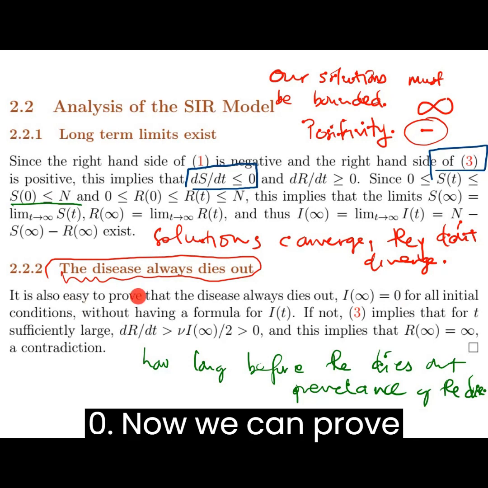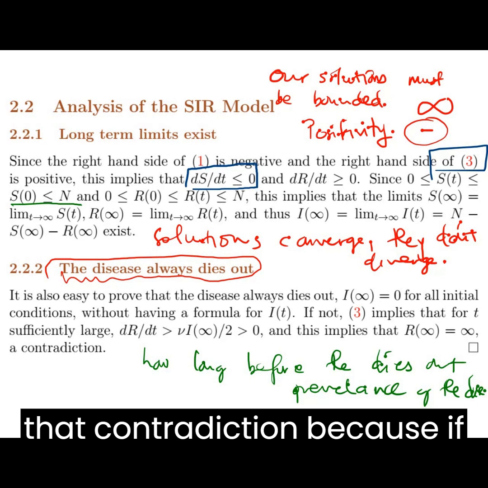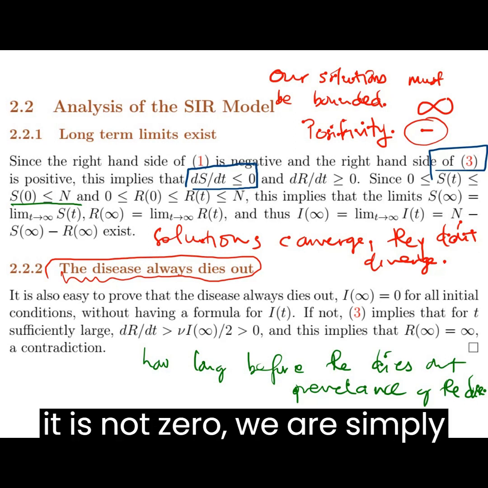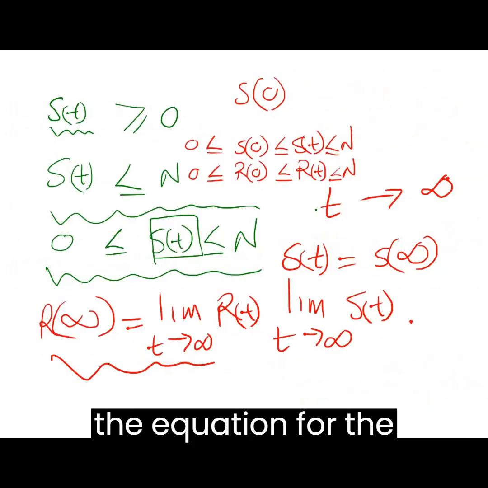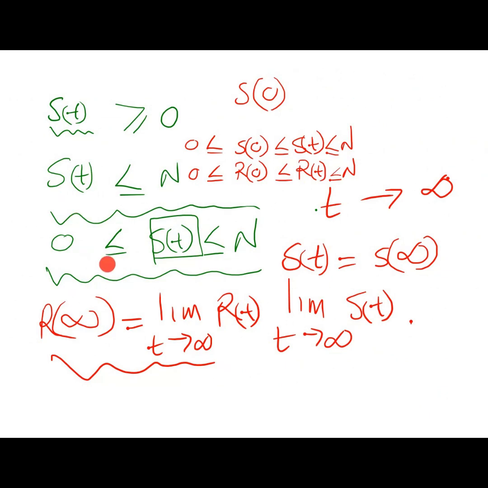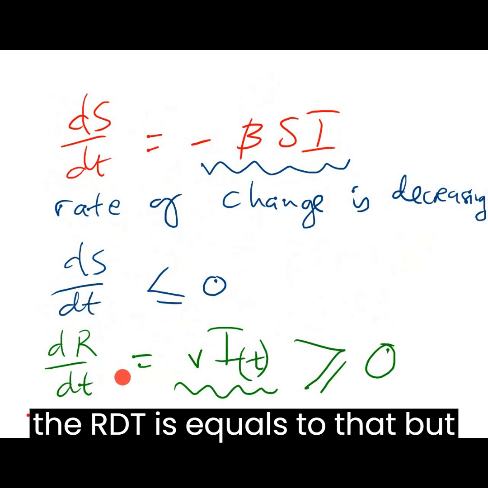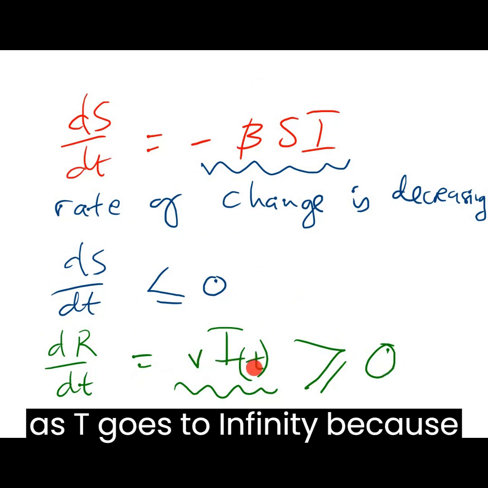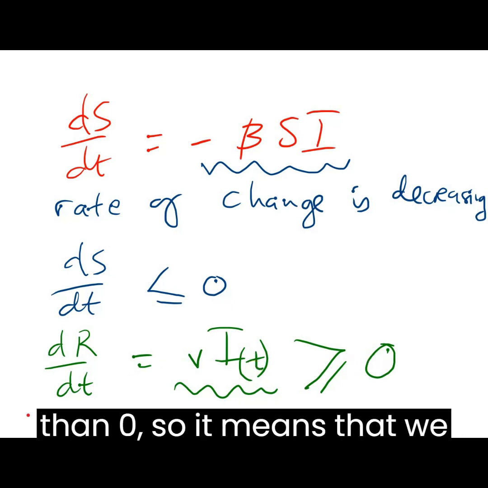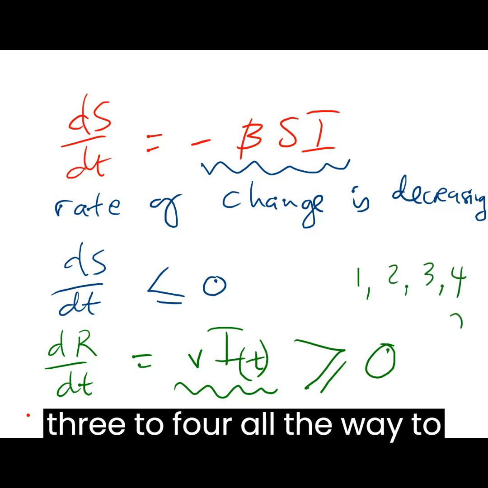Now, we can prove this by contradiction. Suppose it is not 0, or at least we must look for that contradiction, because if it is not 0, we are simply saying that from our equation for the recovered, remember the equation for the recovered, it's here, the dR/dt is equal to that, but this is greater than 0. As t goes to infinity, because we are simply saying greater than 0, it means that we are going to 1, to 2, to 3, to 4, all the way to infinity.